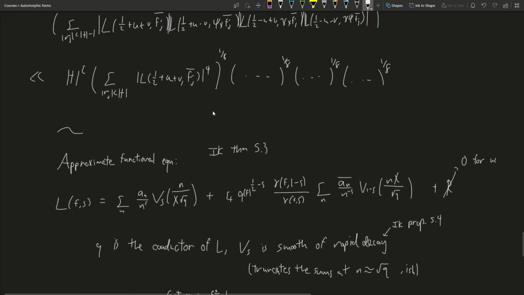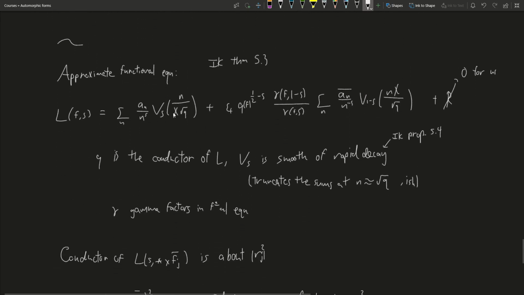Because with this approximate functional equation, again, think about taking X as 1, then because V is some fixed function, when n is significantly larger than the square root of the conductor, these terms don't contribute.